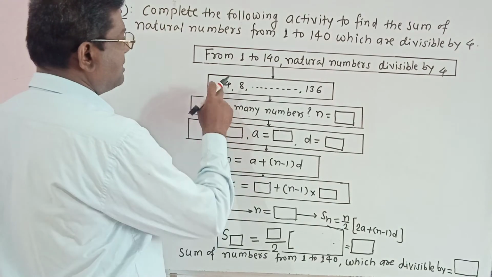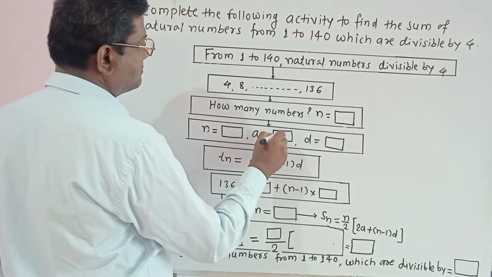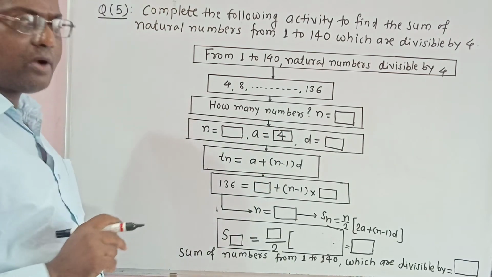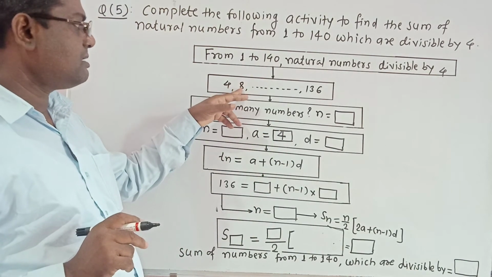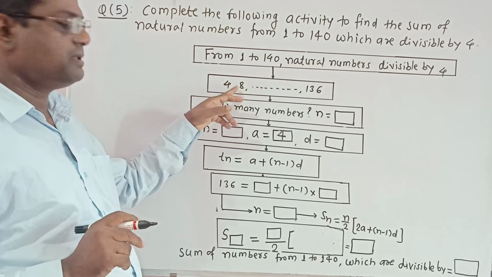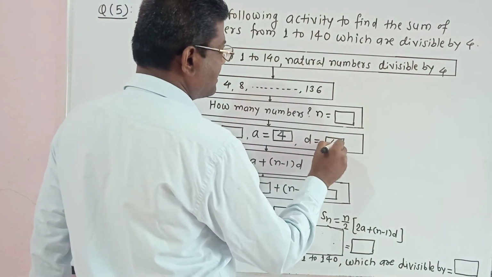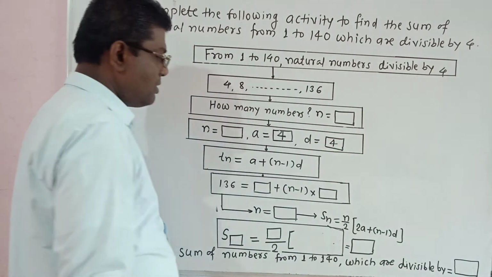First term a is equal to 4. Common difference is the second term minus the first term, 8 minus 4, that will be 4. So common difference d is equal to 4.